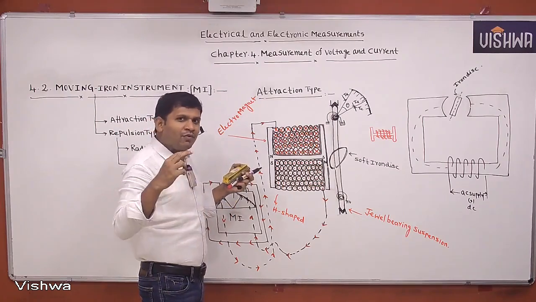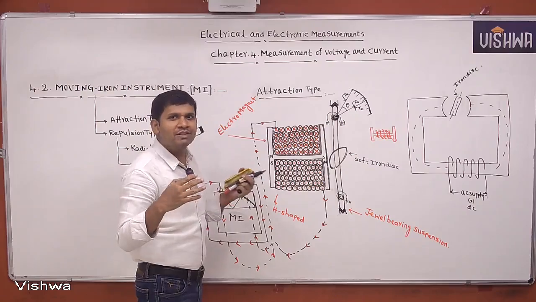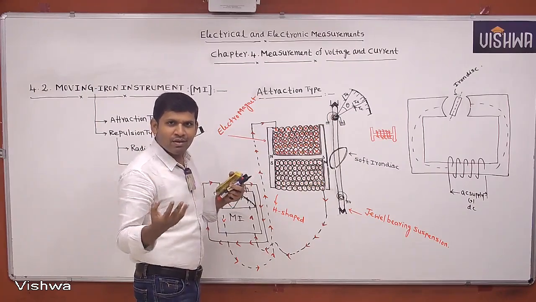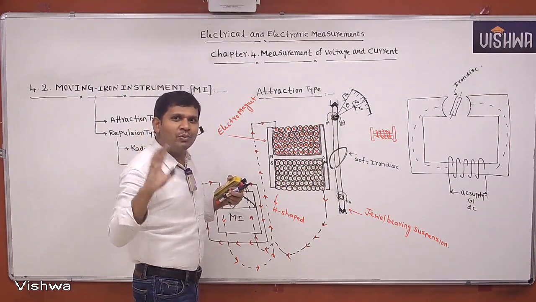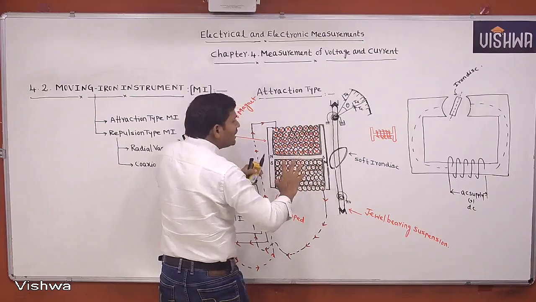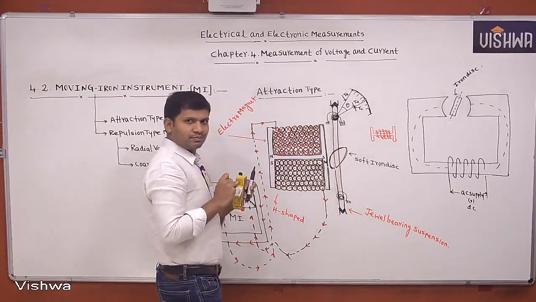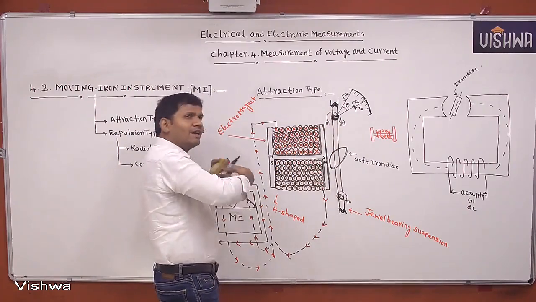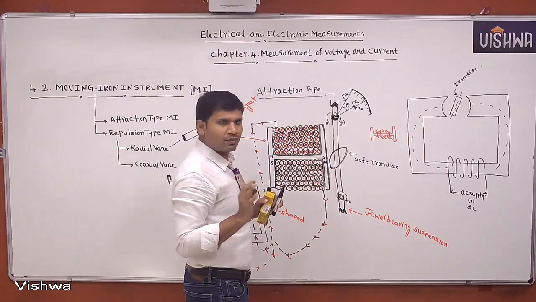But the force between two magnets may be attractive or repulsive based on the pole formation. The force between iron and magnet must be attraction force. That means this electromagnet produces attraction force on the iron disc, whenever AC supply or DC supply is given.